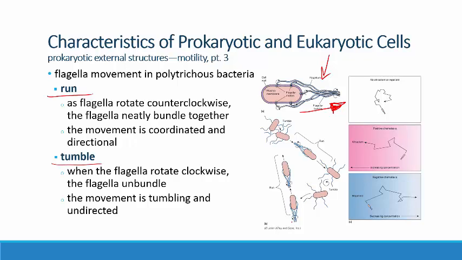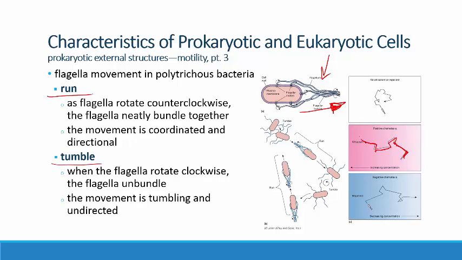And if it starts to lose the chemical, then it stops and tumbles until it finds the chemical again, and then it will run in the direction of that chemical and tumble and run and tumble and run. And in this way, we see that there's movement. So here's a run followed by a tumble, another run followed by a tumble and a run and a tumble and a run and a tumble, and now a run again and a tumble and a run and so on.